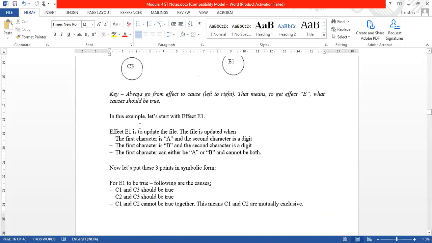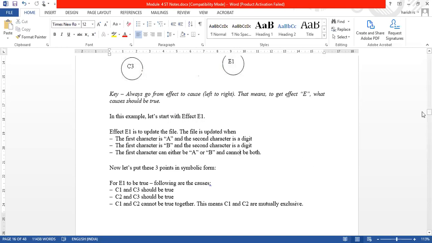For E1 to be effective, that is, if E1 has to be true, then your first character should be A and the second character should be a digit, or your first character should be B and the second character should be a digit. It cannot be both. The first character is either A or B, not both.